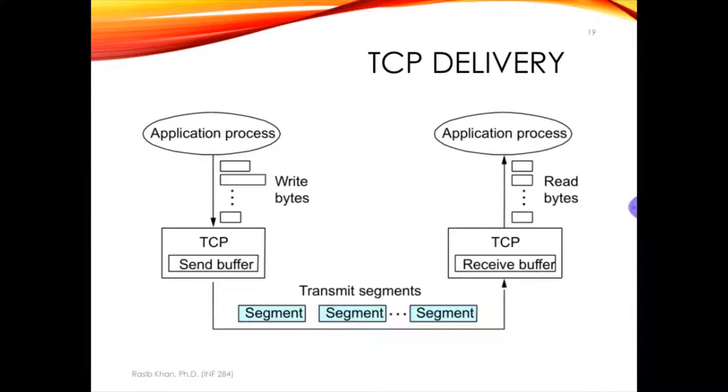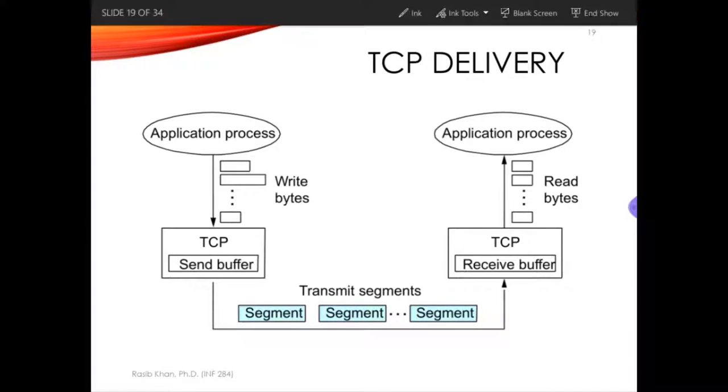So the concept of TCP delivery is almost similar to UDP, just the fact that the buffers of the sender application and the receiver application are in sync, in the sense that they are aware of each other's capabilities and how much the network can support in terms of the transmission load.